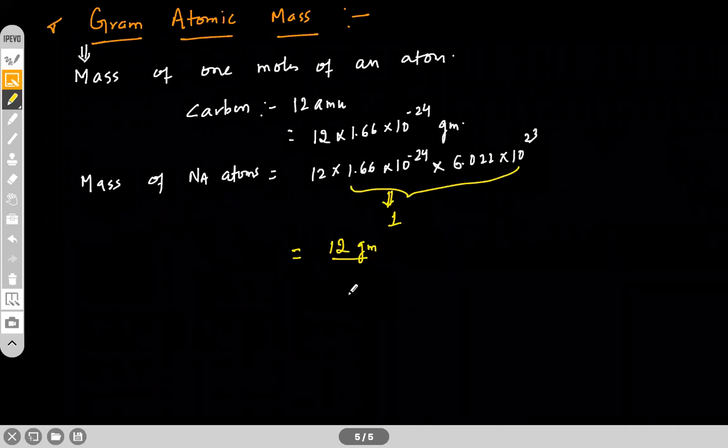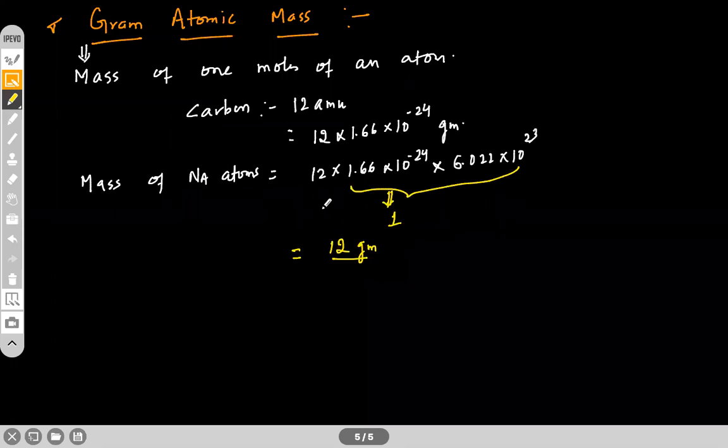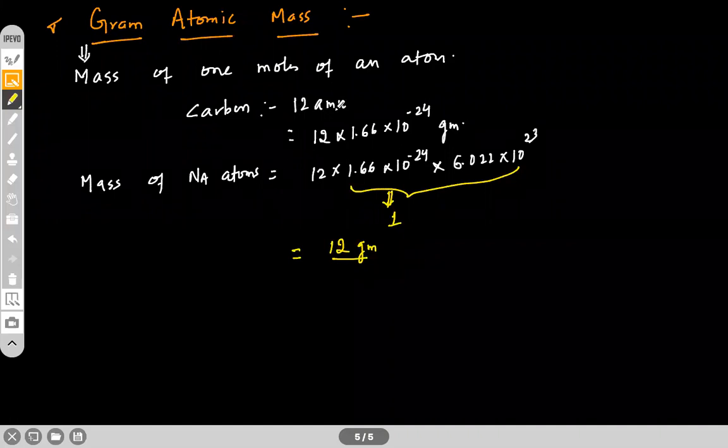We are taking the example of carbon only. Since the gram atomic mass comes as 12 gram while the atomic mass is 12 AMU, that's why the definition in 10th standard says that when atomic mass is expressed in gram, it becomes gram atomic mass. Keep that in mind. The gram atomic mass is the mass of Na atoms. Atomic mass is the mass of one atom.